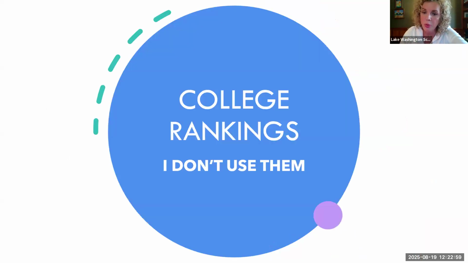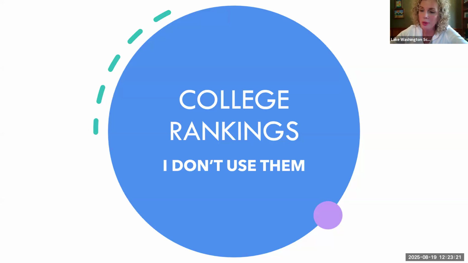One of the things I always like to point out is that I do not use college rankings. I know sometimes parents get upset at that, but I have never used them in creating a college list. And it's because of the methodology that is used. If you want to look up why college rankings shouldn't be used in creating a college list.